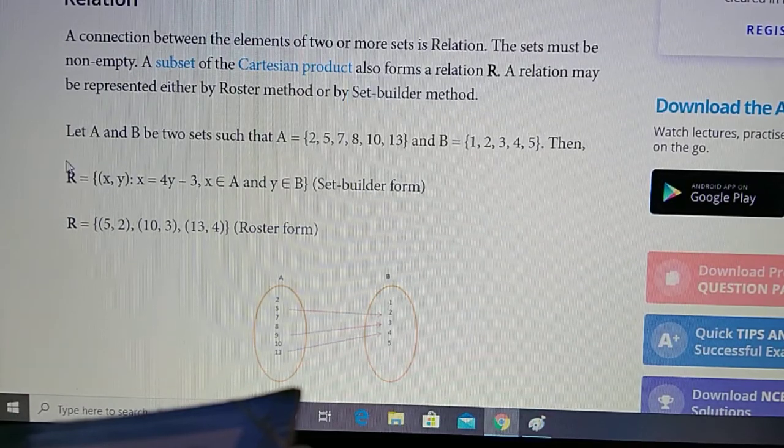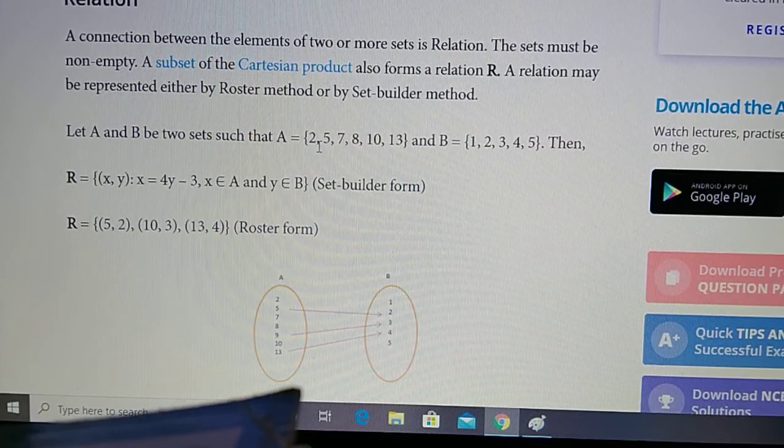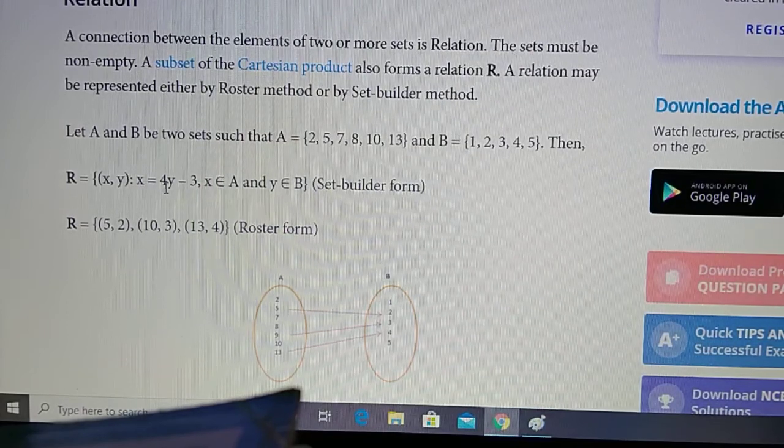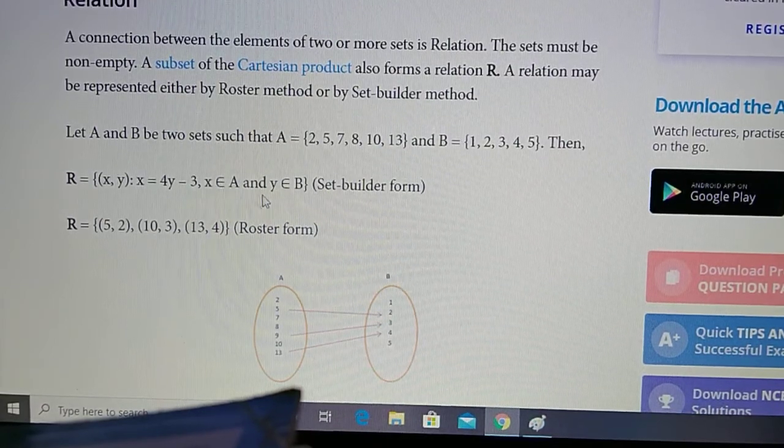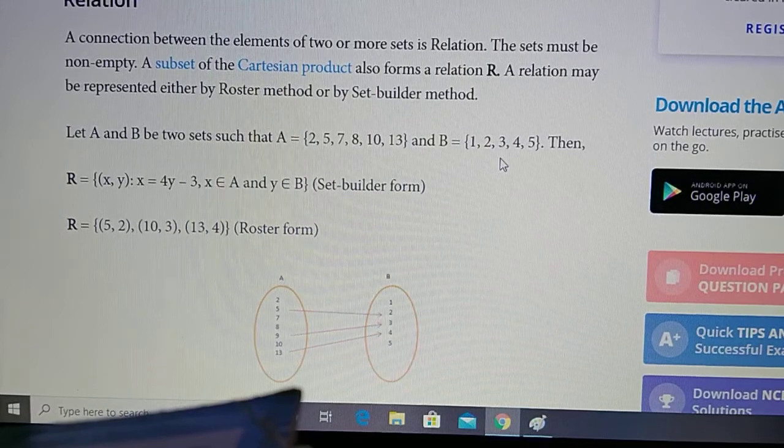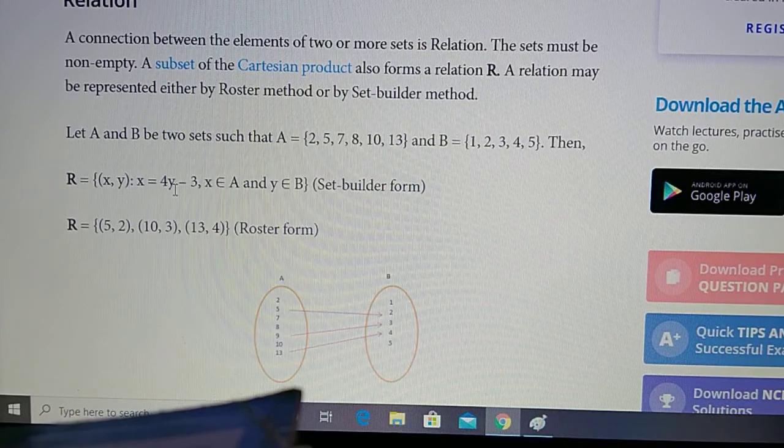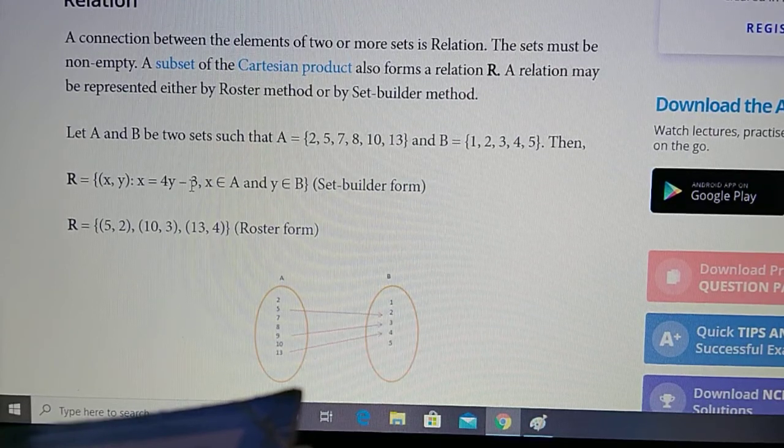For example, let A and B be two sets such that we have given two different sets, A and B. Here the set builder form is x = 4y − 3, where x belongs to A and y belongs to B. If you keep the value of y as 1, then 4 multiplied by 1 is 4, and 4 minus 3 becomes 1.